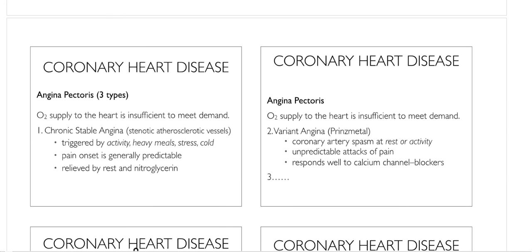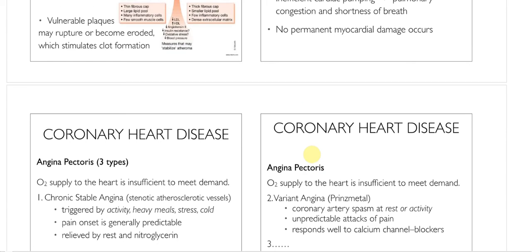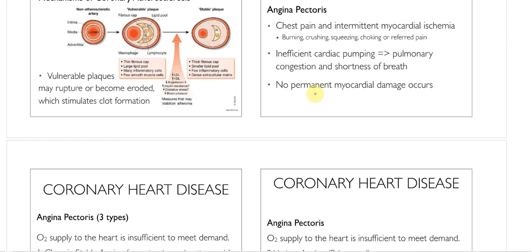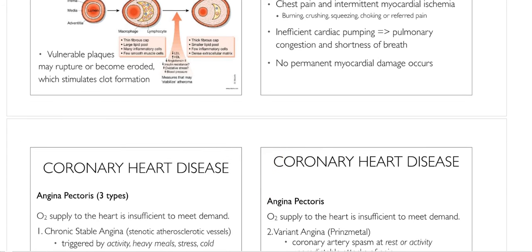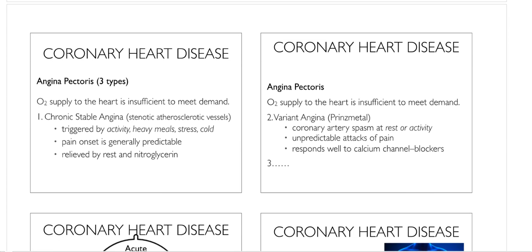The heart starts to experience kind of cramping in a lot of ways, because we're not having at this point permanent myocardial damage. We're not having tissue death necessarily. So the activity stresses the heart. The heart can't get enough oxygen to meet this new stress, but if the person were to rest and use some nitroglycerin, that pain would be relieved.